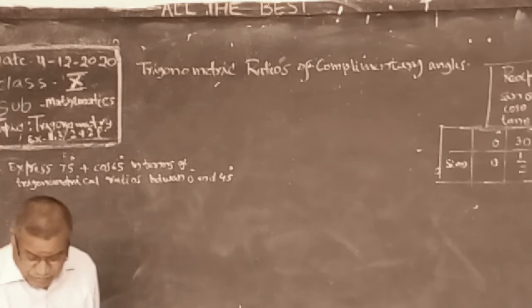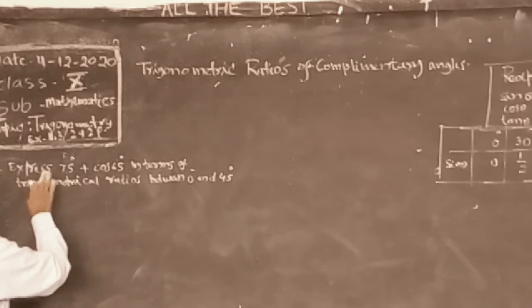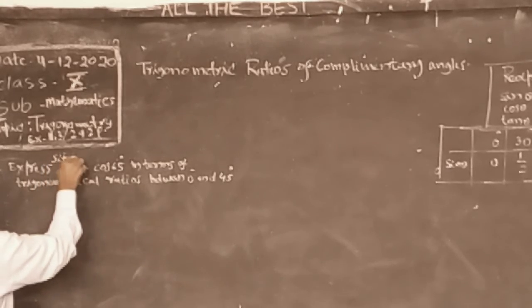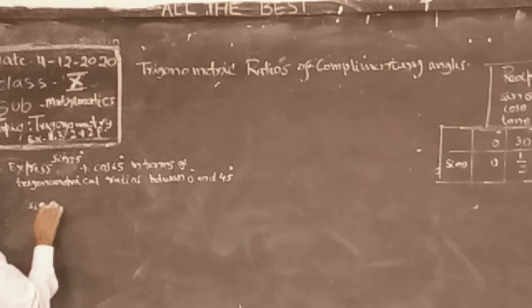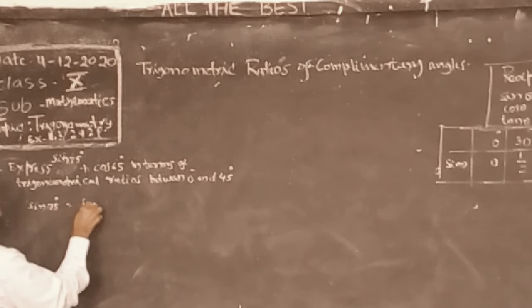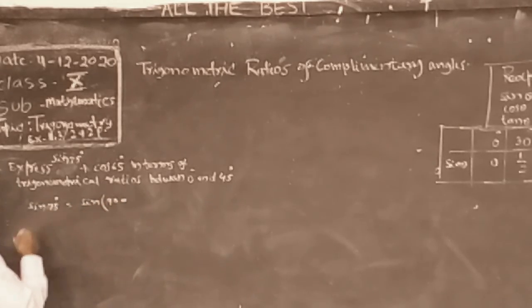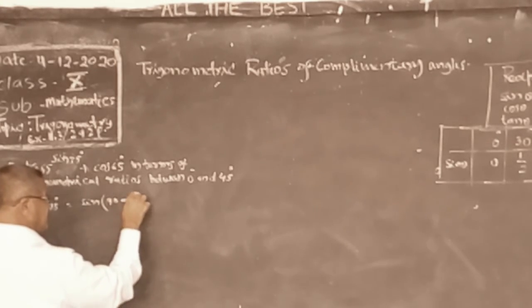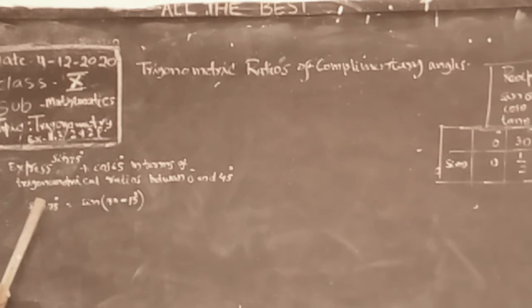Express sin 75 degrees. Sin 75 degrees is equal to sin (90 minus 15), because 90 minus 15 is 75.